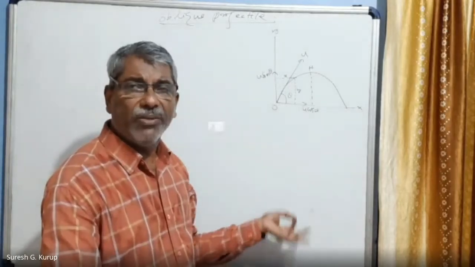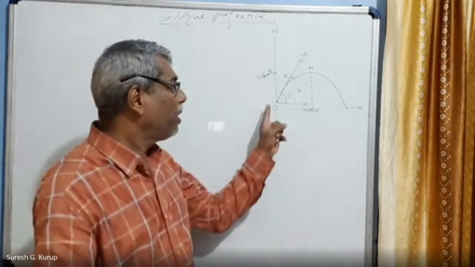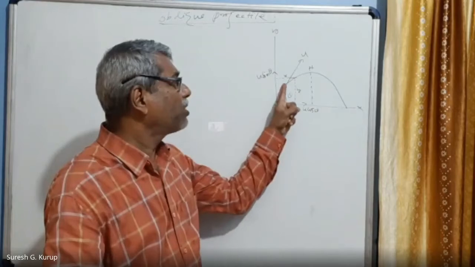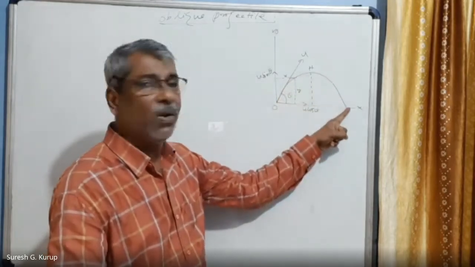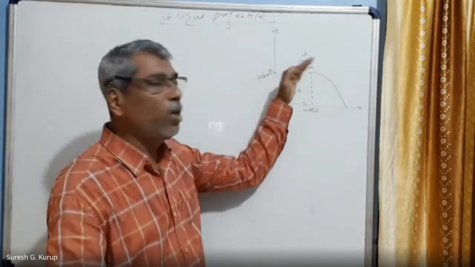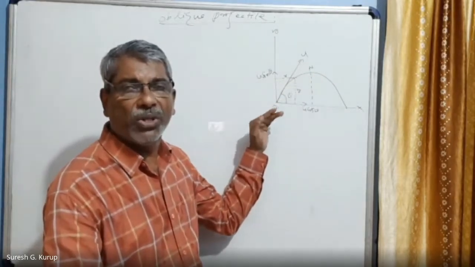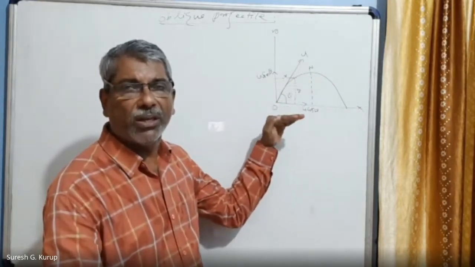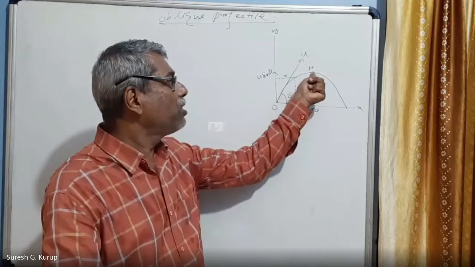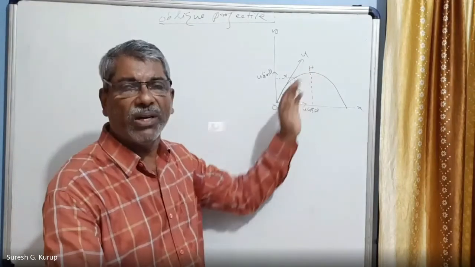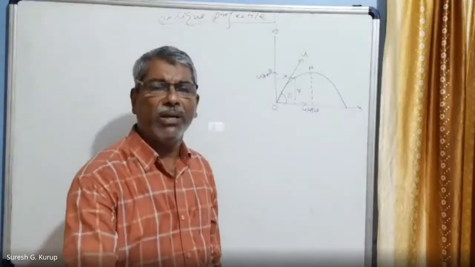As soon as it leaves our hand, it takes a trajectory like this. Why? Because for some time the body goes upwards and its vertical velocity goes on decreasing. At the maximum height h, its vertical velocity becomes equal to zero, then it comes downwards. Any body projected in this manner will behave this way.